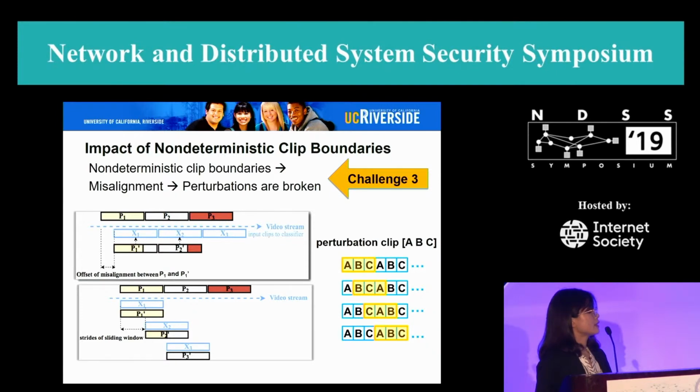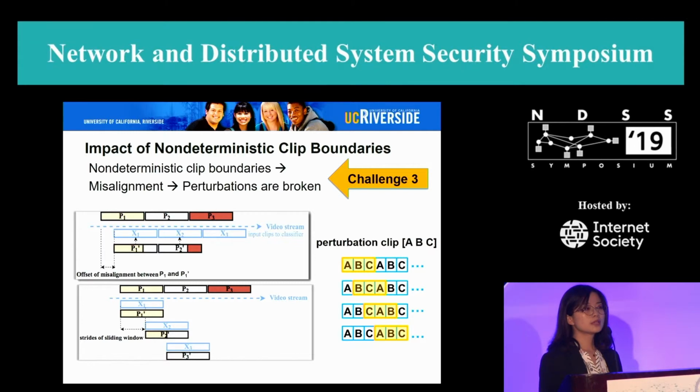Also, in the second scenario, the stride of the sliding window is half the length of the sliding window. The perturbation applied on the second input clip is also a combination of two broken parts. So if we assume there are 3 frames in one video clip and denote them as A, B, C, we can see here all the possible extracted perturbation clips could be ABC, BCA, and CAB.